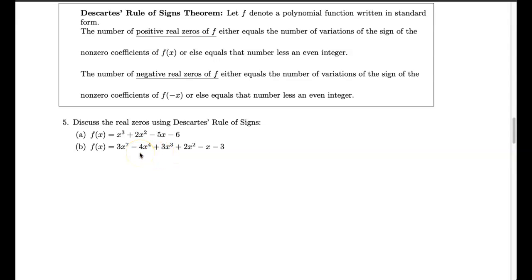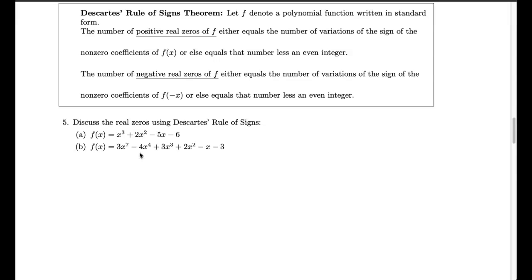Once you count the number of sign changes, that's going to be the number of possible real zeros, or else equals that number less than an even integer. So if you ended up with 4 sign changes, you would have 4 positive real zeros, 2 positive real zeros, or 0 positive real zeros.